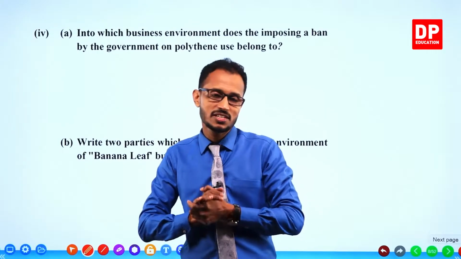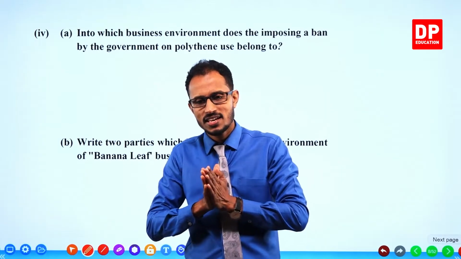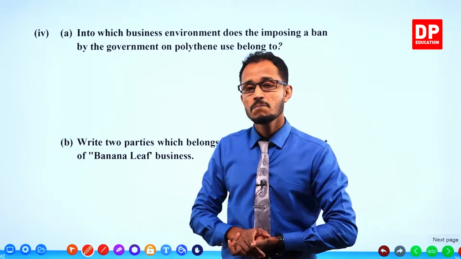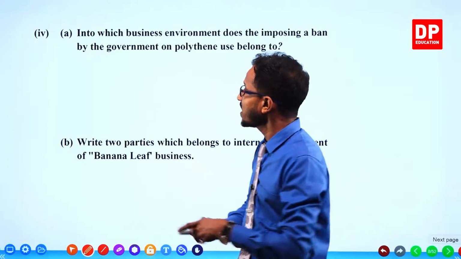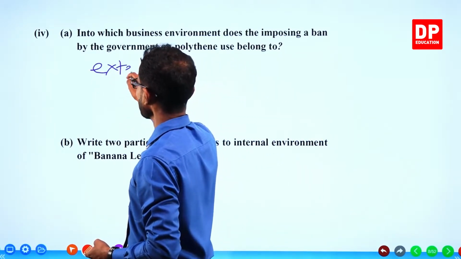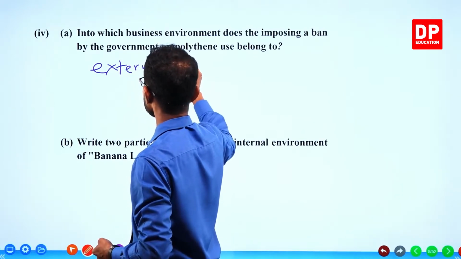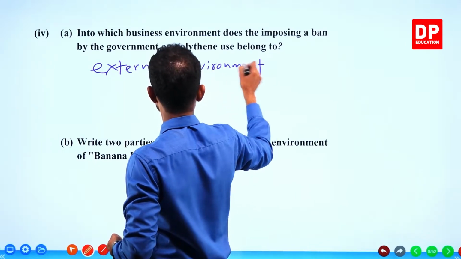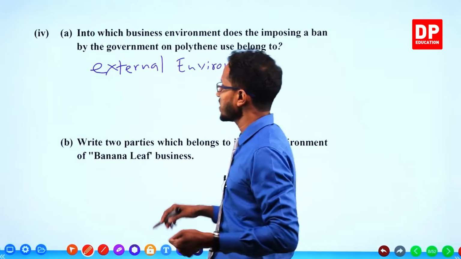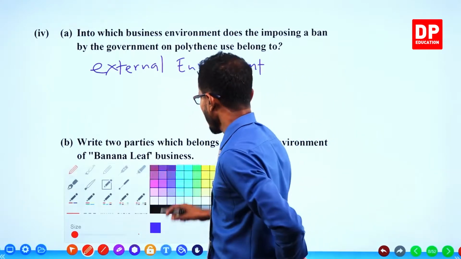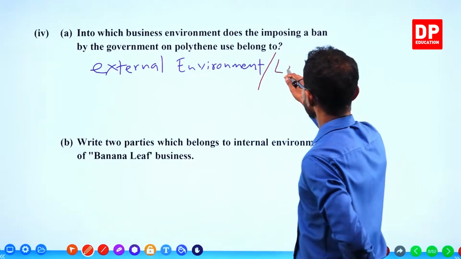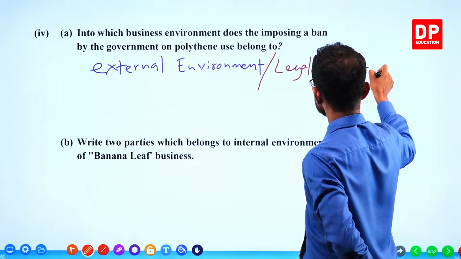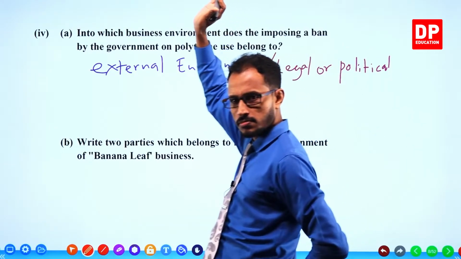It was the government. It was a decision taken by the government. So that is an external environmental factor. You can write external environment, but you have to write which environment specifically. In the external environment, legal or political. Got it? Legal or political, of course.